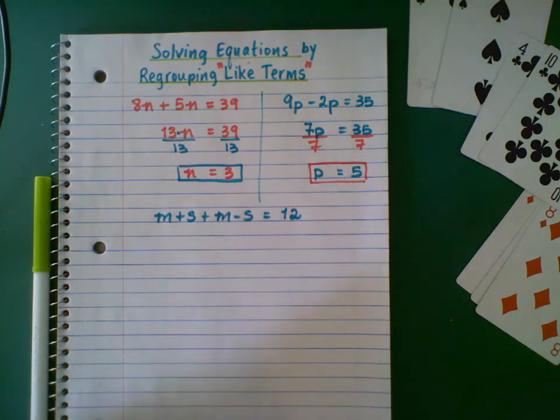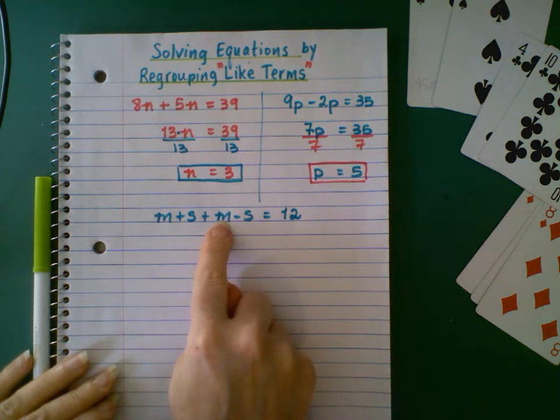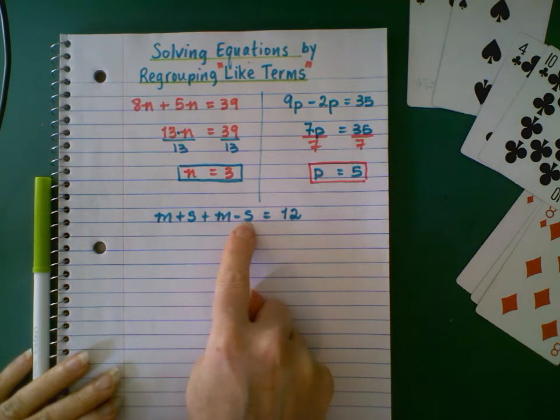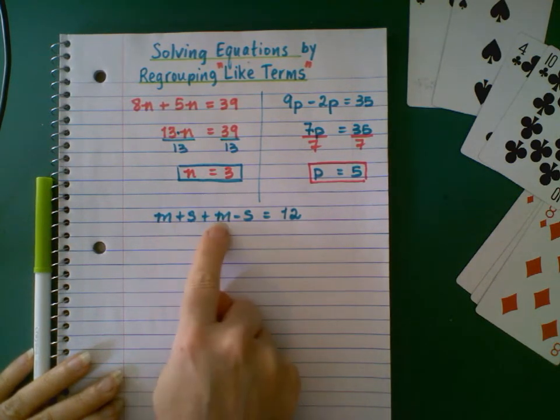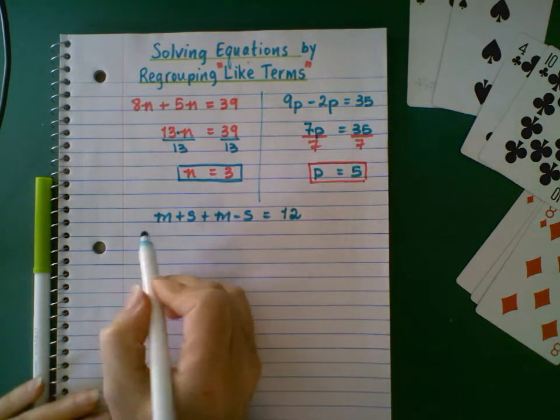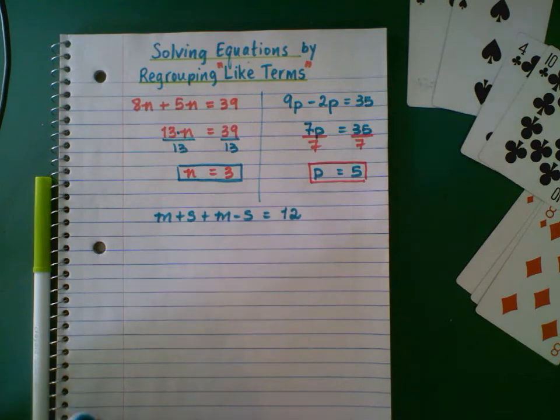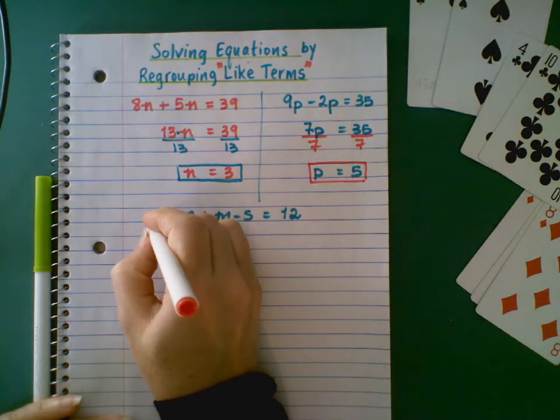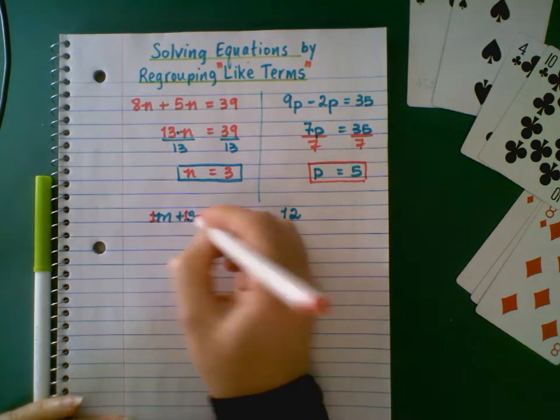Okay, so this time I've got 2 terms that have m and 2 terms that have s. This is like 2 cards of one suit, 2 cards of another suit. So I'm going to combine the m's together, and this m is the same as a 1m.